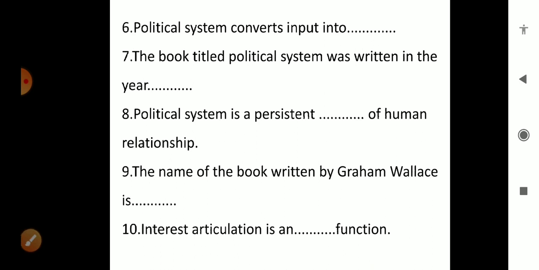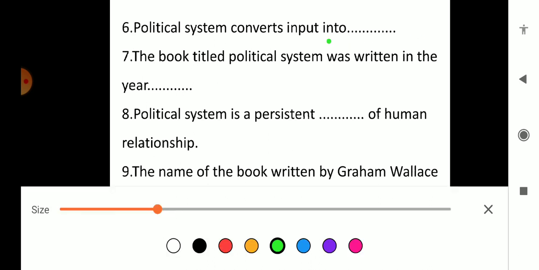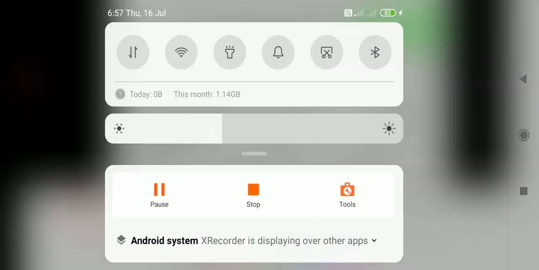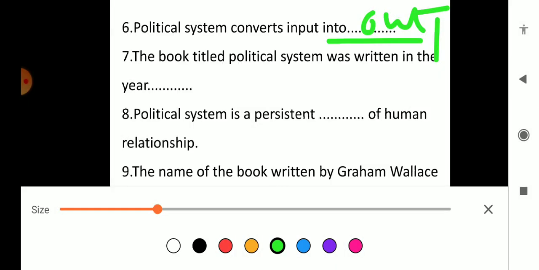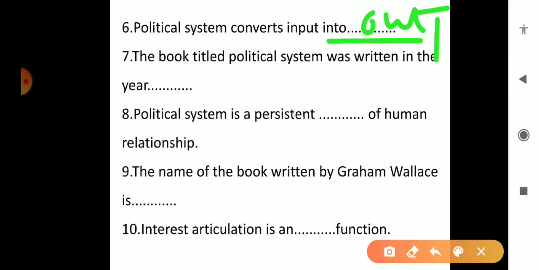Political system converts input into what? Political system converts input into output. Very simple answer. Okay, it is output. So moving to the next question.